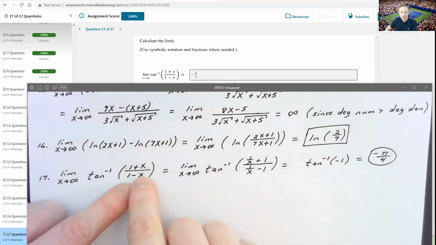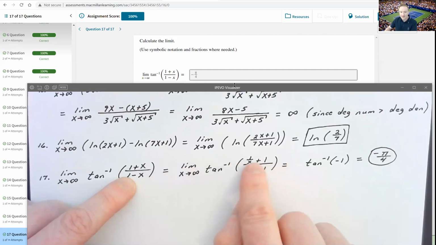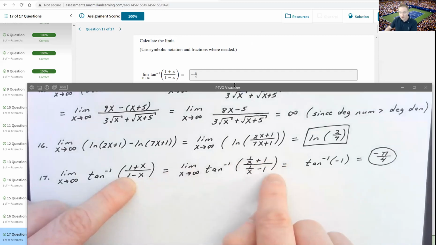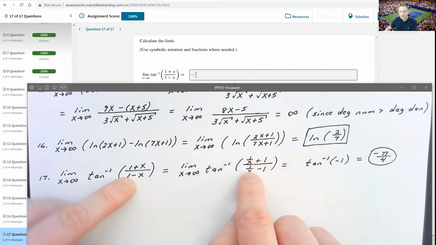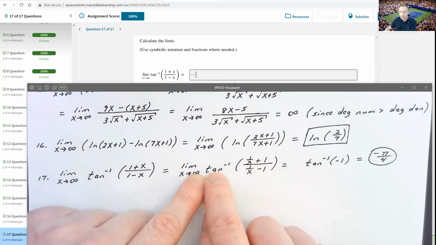I went ahead and showed the algebraic step and said, let's divide by the degree of x in the denominator, which is just x to the first. I divided every single term by x to the first. I know this term and this term are going to go to 0 as x approaches infinity. That does leave you with the inverse tangent of 1 over -1.